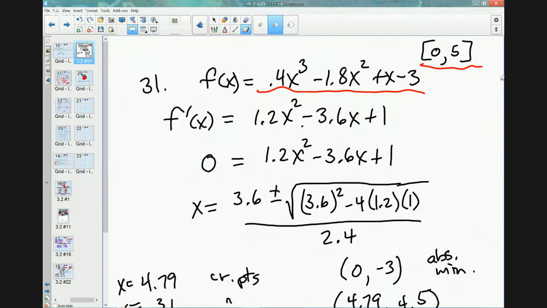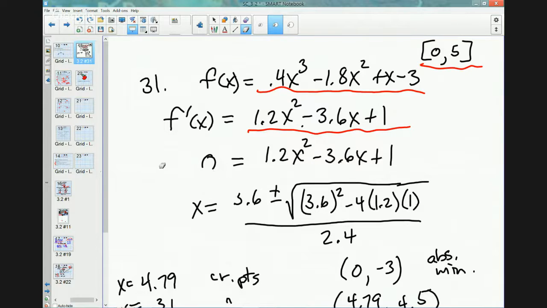All right. Step 1, find derivative. Will that derivative ever be undefined? No, we don't have any division, we don't have any roots, so okay, set it equal to 0.